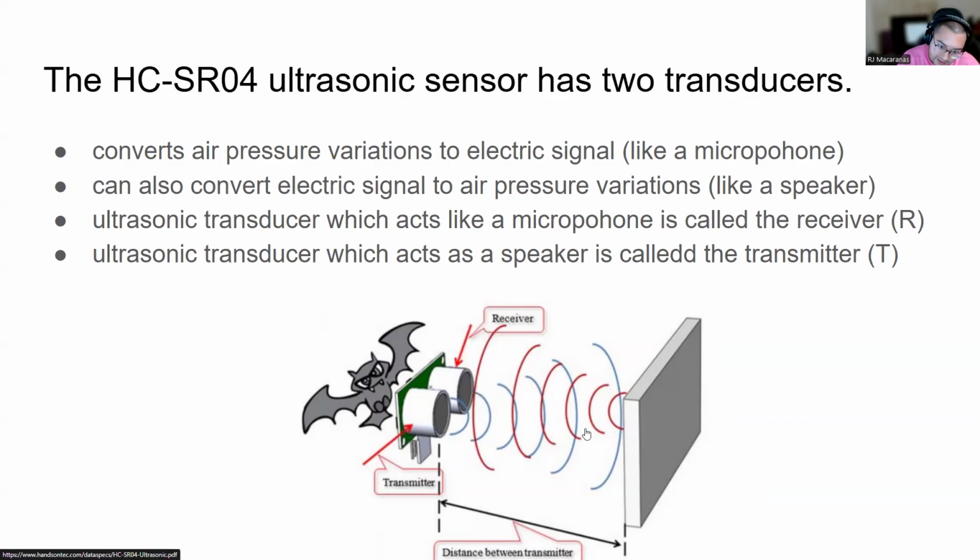So it's sending the ultrasonic sound out, and the receiver is acting like a microphone to pick up the variations coming back. The one that's acting as a microphone is the receiver, and the one acting as a speaker is called the transmitter.